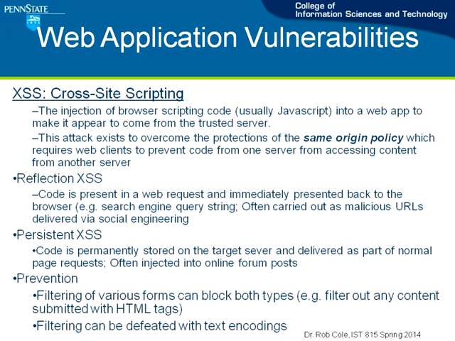The final category of web application vulnerability I will discuss is cross-site scripting. In cross-site scripting, an attacker injects browser scripting code, usually JavaScript, into a web application which the browser runs as if it had come from a trusted site. This attack exists in the first place due to the same origin policy enforced by web browsers, which prevents code from one server from accessing data from another server.